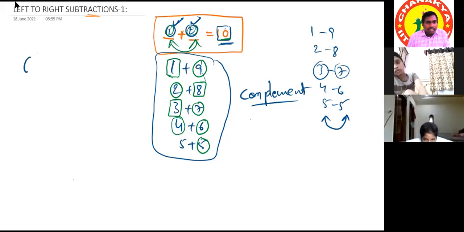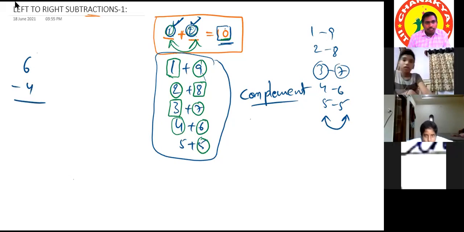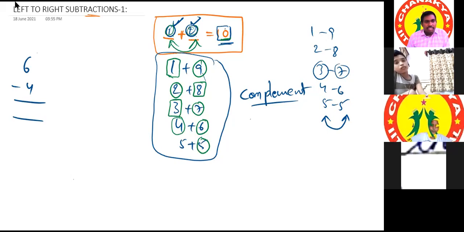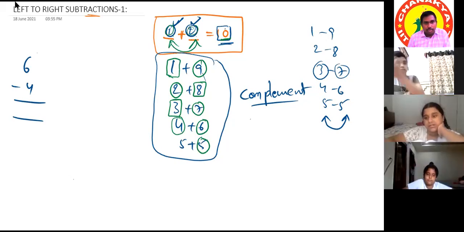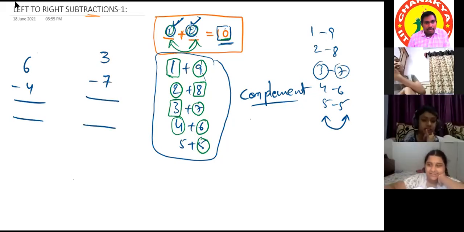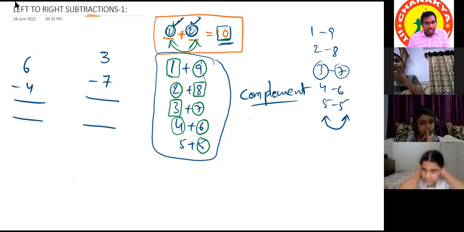See, 6 minus 4 is how much? 2. Is it possible or not possible? Possible. Then 3 minus 7, is it possible or not possible? No, sir. We need 7 minus 3. Actually, it is not possible, but mathematically we would say minus 4.